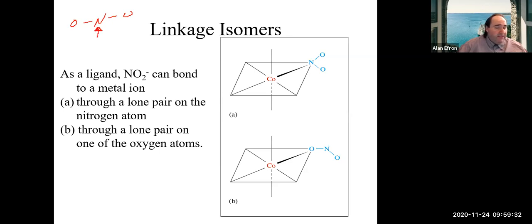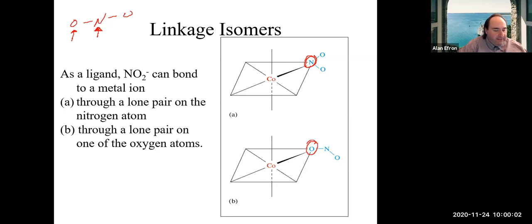While in other cases, the oxygen can attach. I didn't draw NO2 correctly with all the bonds, but that's the idea of where the attaching is going to be. And that's what we see here in A, where the attachment for that ligand is happening on the nitrogen. While if we look at B, the attachment is happening through the oxygen.